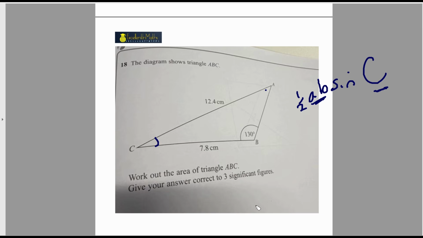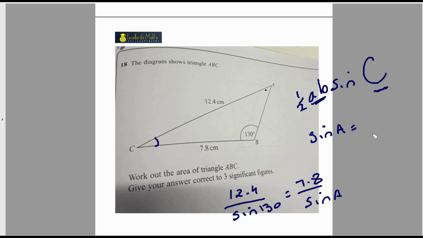So if I go for sine rule, it's going to be 12.4 over sine 130 is the same as 7.8 over sine A, whatever angle A is. I cross multiply and find sine A equals 7.8 times sine 130 all over 12.4.